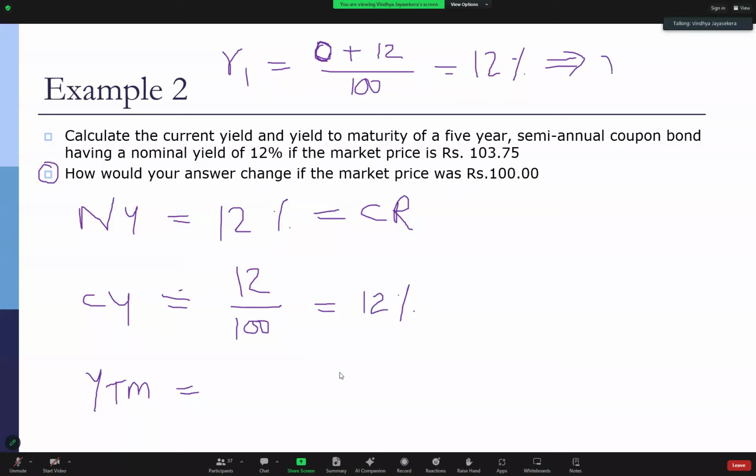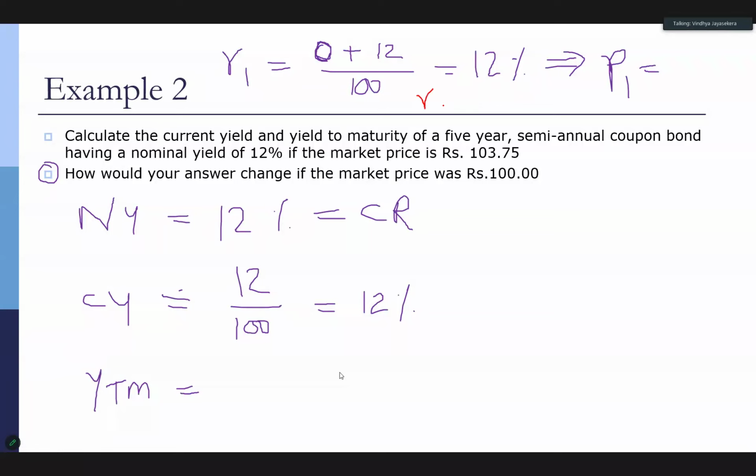Now, you can put this 12% to calculate P1. But we also know from our previous sums that if your required rate of return is equal to your coupon rate, then always your price is equal to your face value.